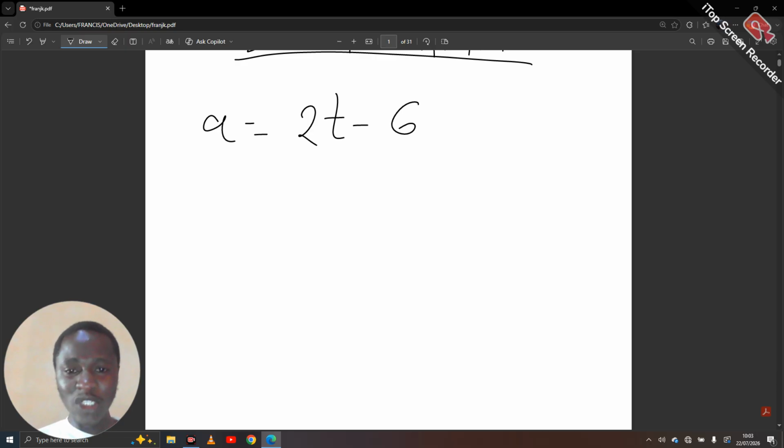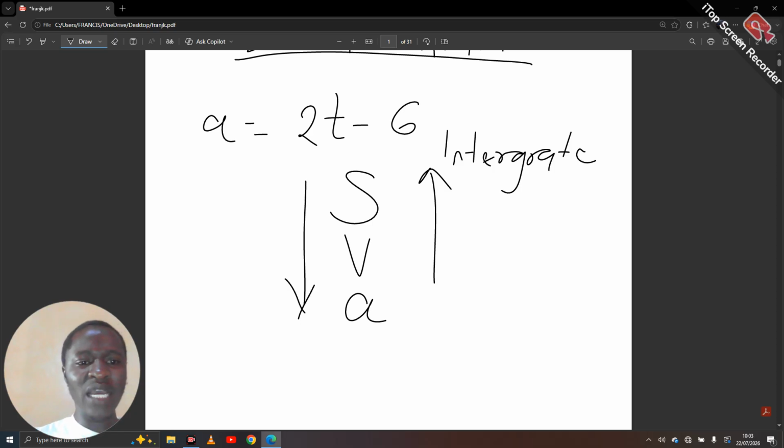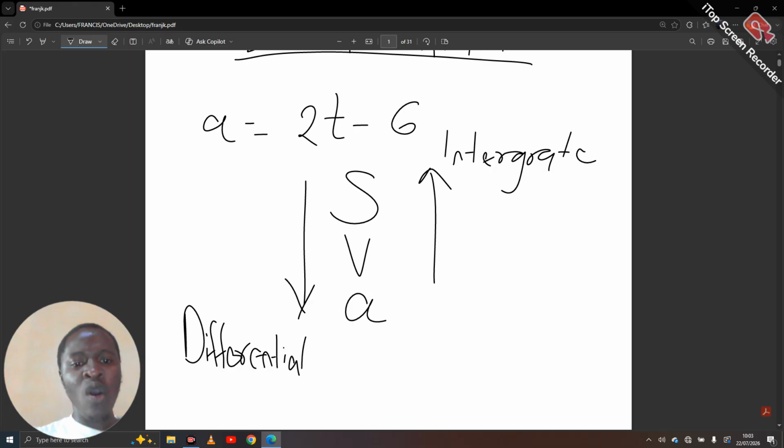The formula I told you was the SIVA, the SVA. When you're going up, you integrate. When you're coming down, you differentiate.